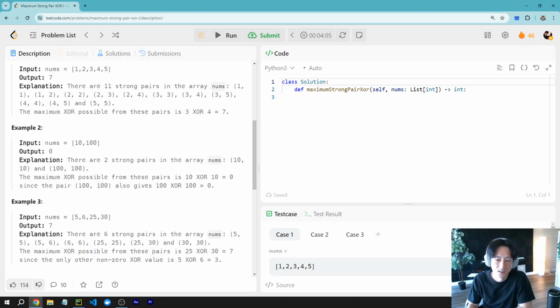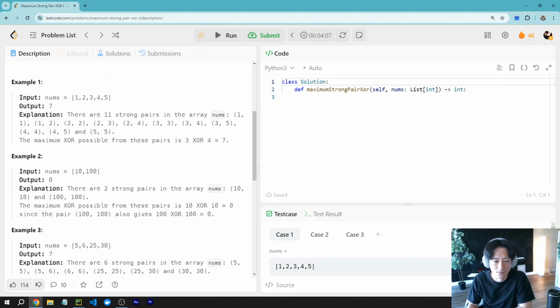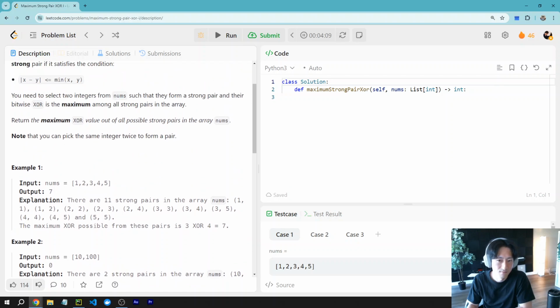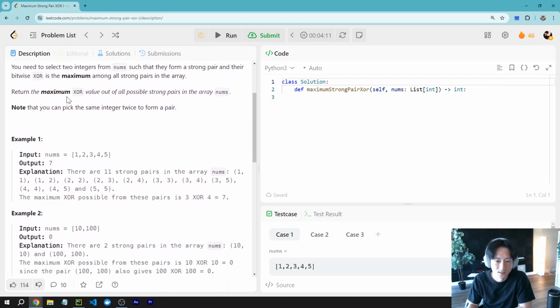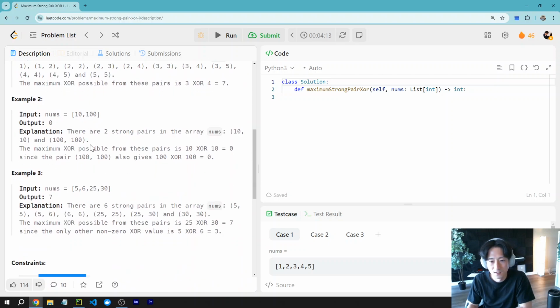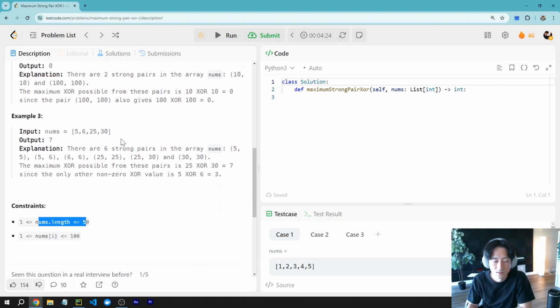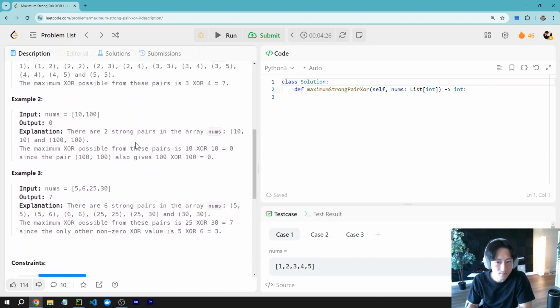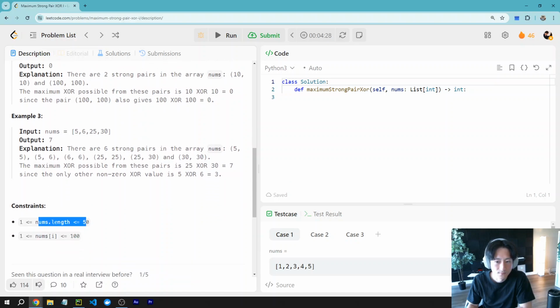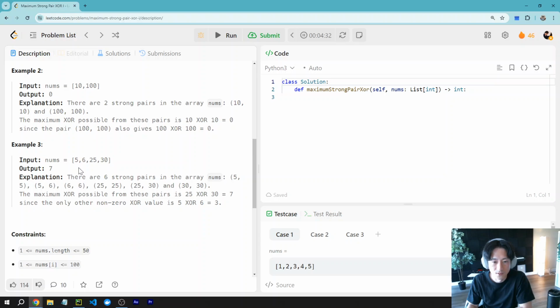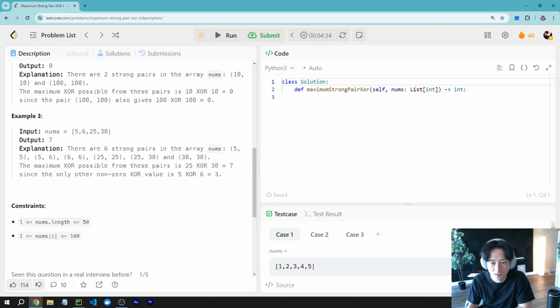So 100, 100 is going to be a strong pair, and 10, 10 is also going to be a strong pair. Then you do the XOR, it somehow is going to be 0. Okay. This additional example is not really helping me a lot.